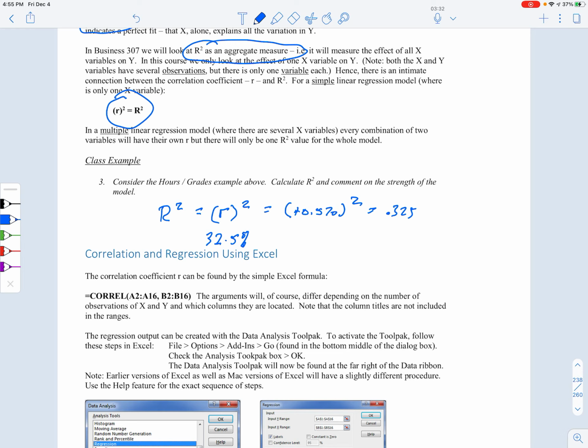And the interpretation of that is that we're saying 32.5% of the variation in grades is caused by hours studied.